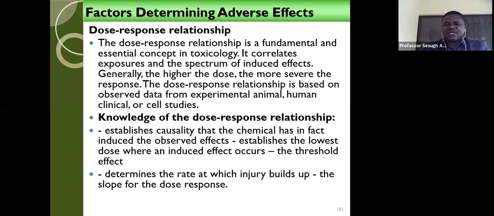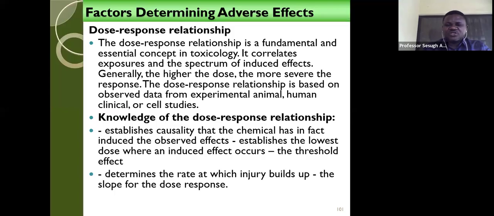What are we taking home from the dose-response relationship concept? It establishes causality, that the chemical has, in fact, induced the observed effect.